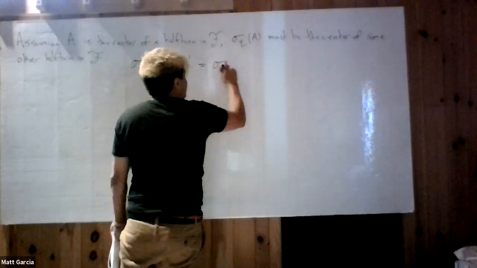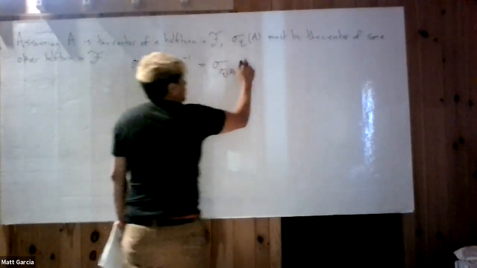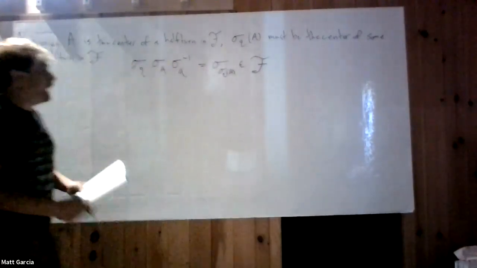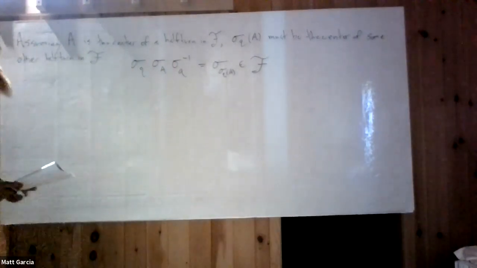We get the half turn with center sigma_Q of A, which is, of course, in F, just because of the axioms of a group.